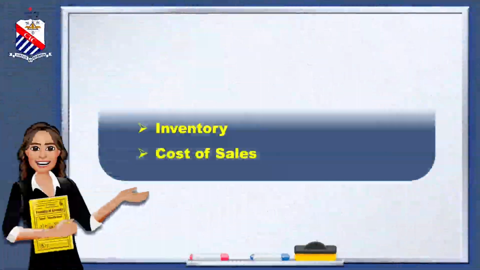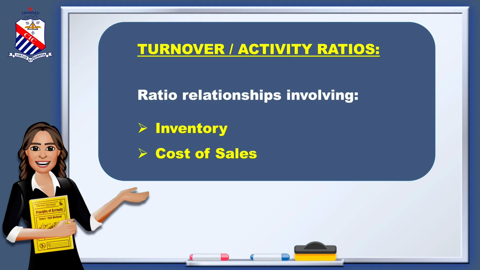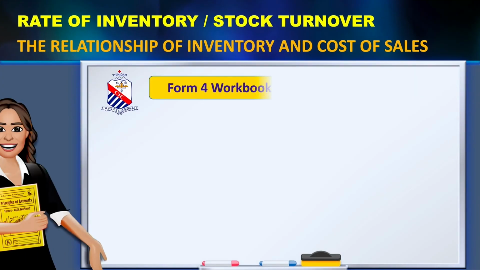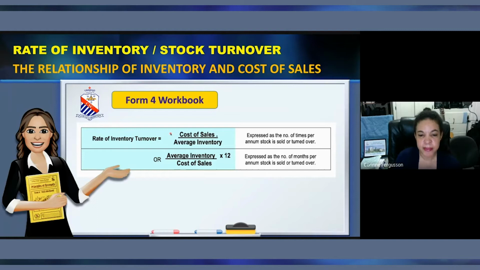So we're going to go to our last activity ratio. In fact, this here is your last ratio, and it's called rate of inventory turnover, or simply the inventory turnover. The rate of stock turnover is the relationship between cost of sales or cost of goods sold, which is the old name for it, over average inventory.